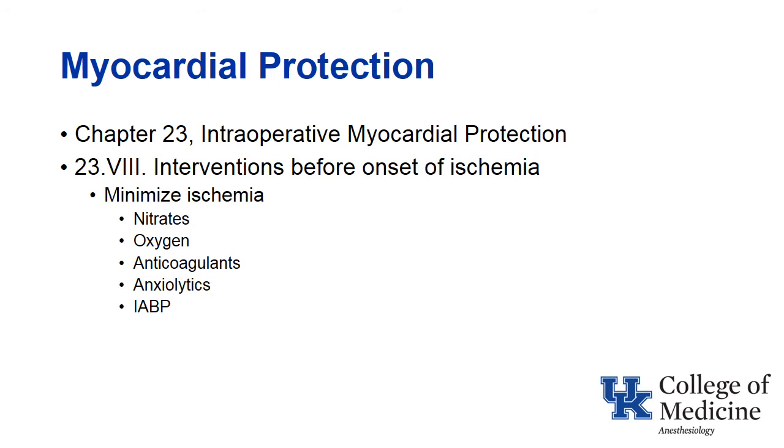Some of the interventions that one would consider before the onset of ischemia would be to minimize ischemia by using nitrates and reducing end diastolic pressure, to maximize oxygen delivery with supplemental oxygen, the use of anticoagulants such as heparin to prevent thrombosis, the use of anxiolytics to reduce heart rate and blood pressure, and the use of the intra-aortic balloon pump to decrease afterload and to increase aortic diastolic pressure.